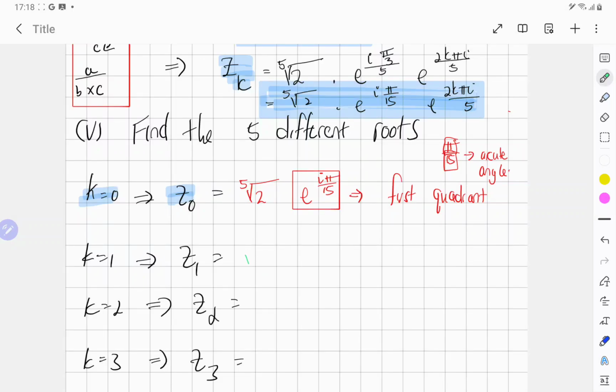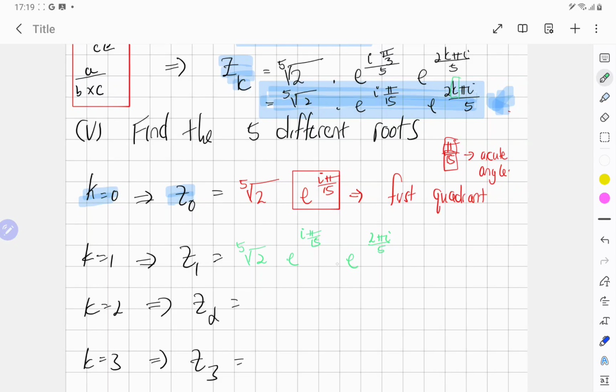If k is 1 and I am substituting, just recall that I am substituting every time into my formula. So I will get e^(i pi over 15). So obviously that's going to stay the same. But now k is 1. So I will get 2 pi i over 5.